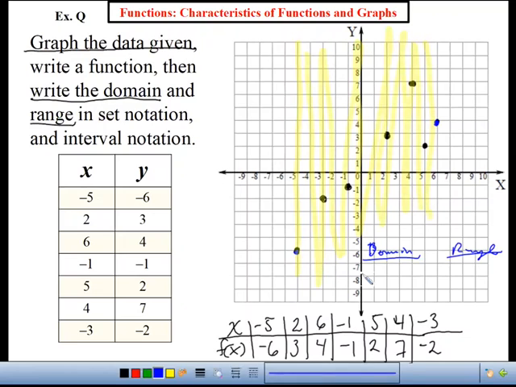So my domain in set notation is the solution set of x such that -5 is less than or equal to x less than or equal to, what is the last point? 6. In interval notation, since these are solid points, we do bracket -5, comma 6.